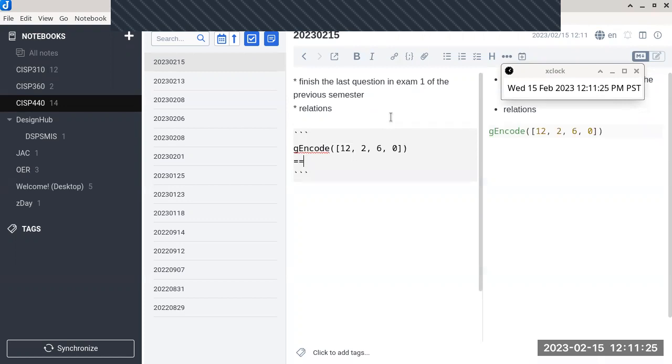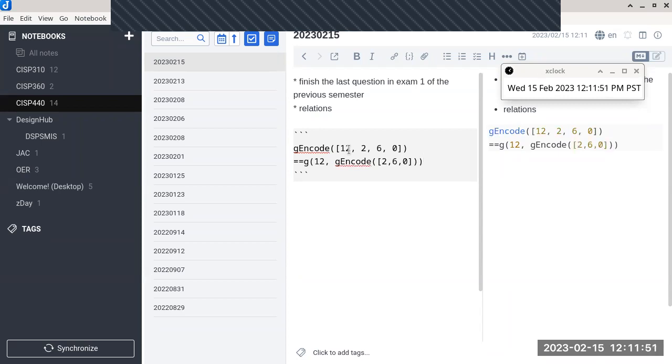In the first invocation of G encode, it would become G of whatever the first character is, because the first character of this array is 12, which is non-zero. So that becomes the x coordinate that I pass to the G function itself. Then it passes G encode of the rest of the string, which is 260, as the y coordinate.